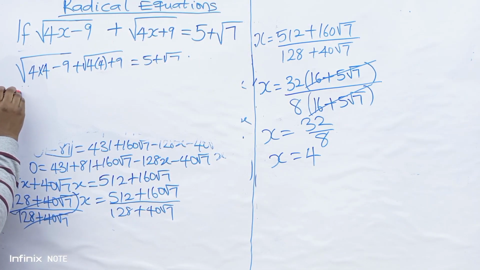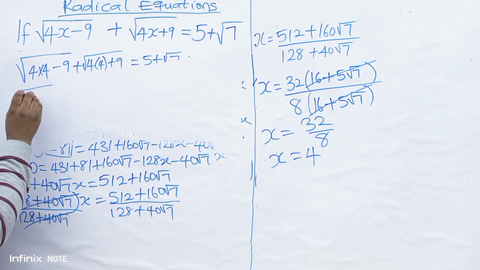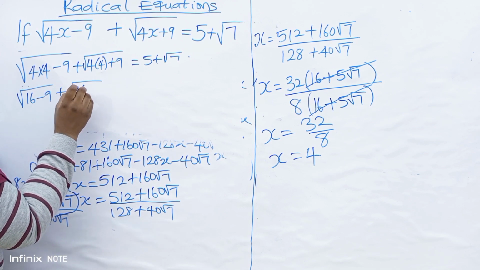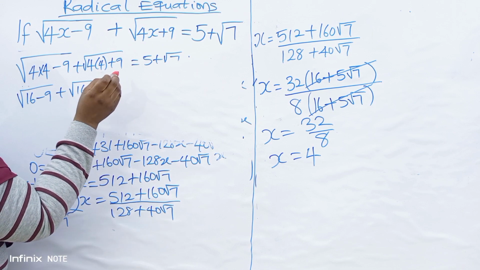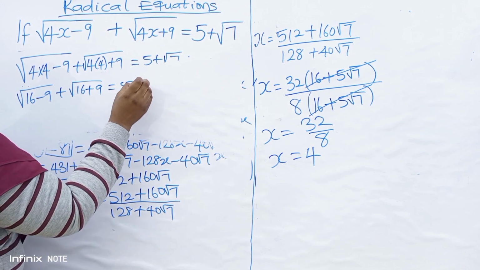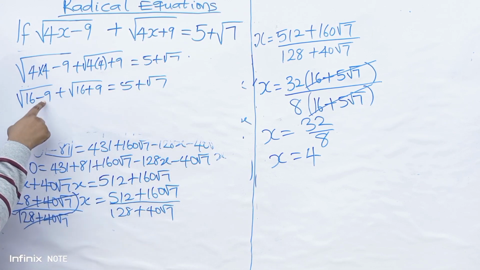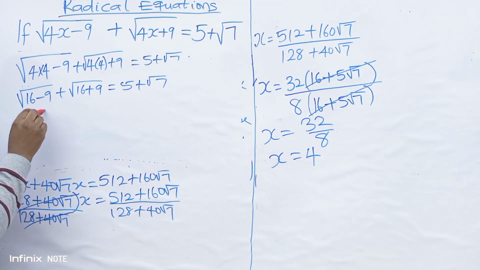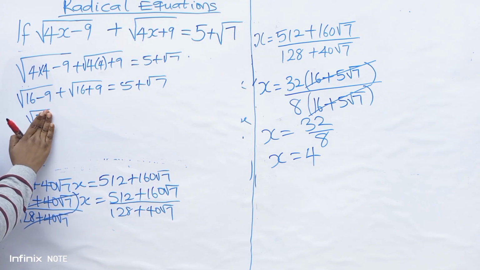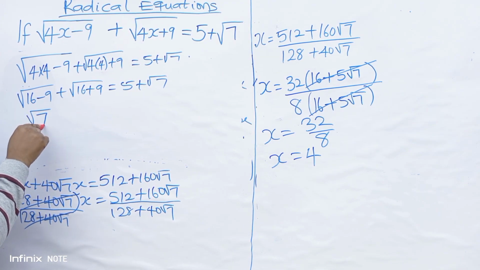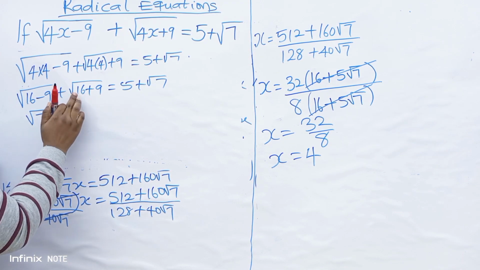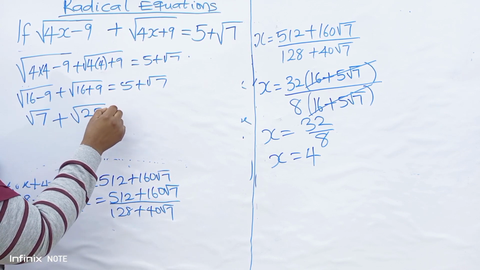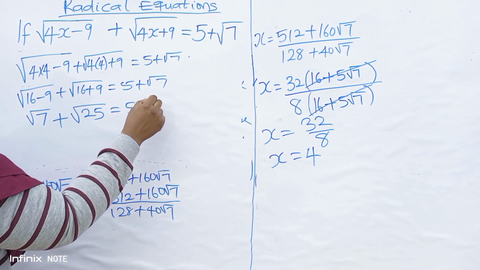So here I have 16 minus 9 plus 16 plus 9 is equal to 5 plus root 7. So 16 minus 9, that is 7. So I have root 7 plus 16 plus 9, that is 25. So is equal to 5 plus root 7.